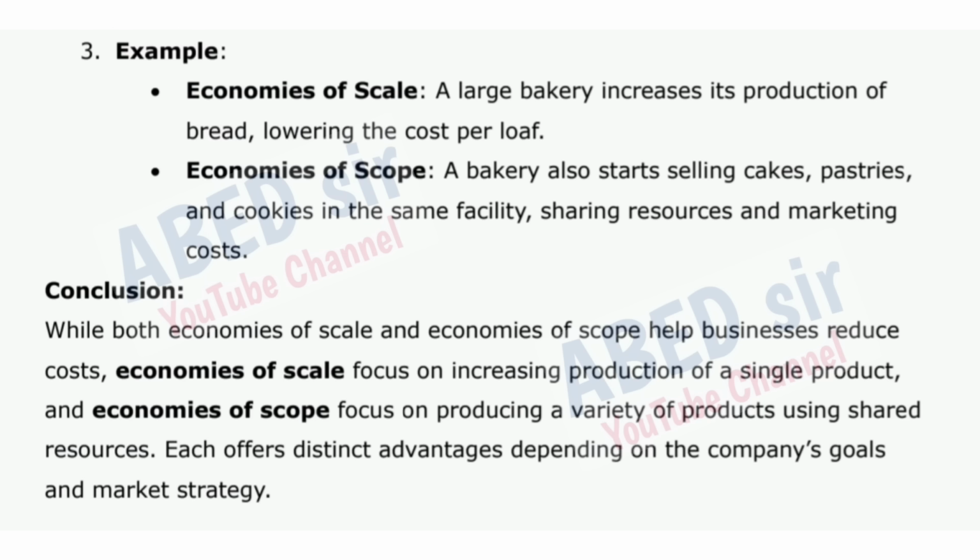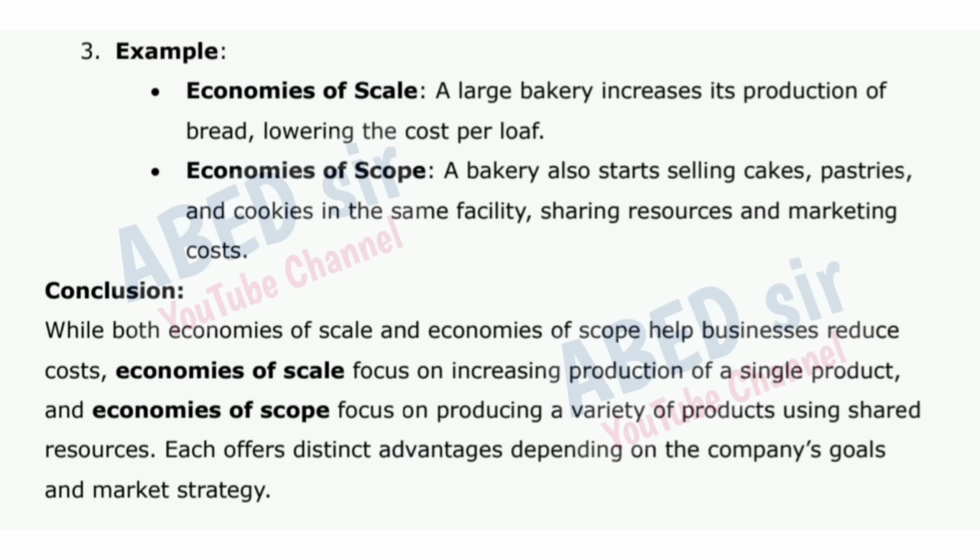3. Example, economies of scale. A large bakery increases its production of bread, lowering the cost per loaf. Economies of scope. A bakery also starts selling cakes, pastries, and cookies in the same facility, sharing resources and marketing costs.